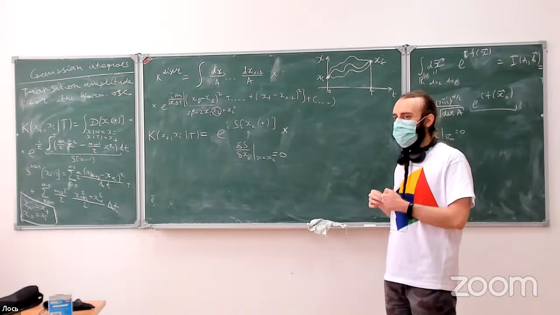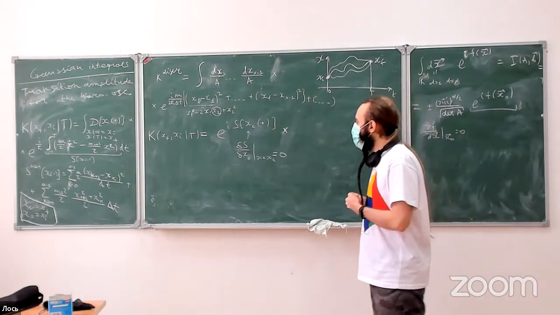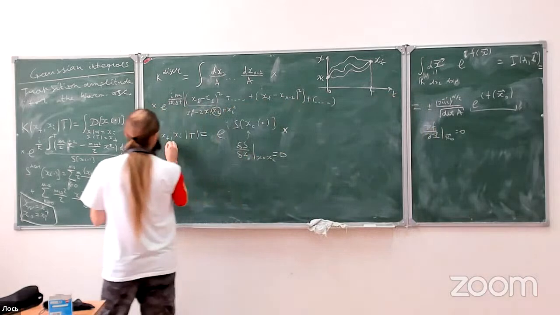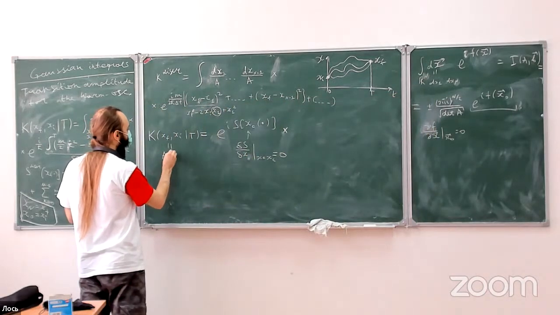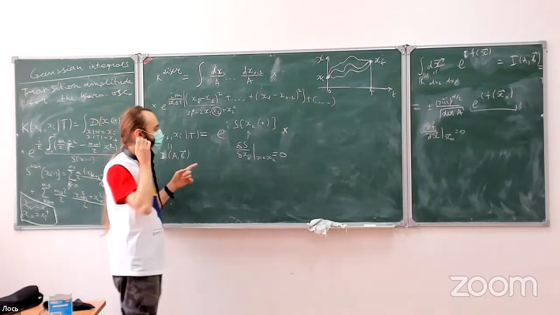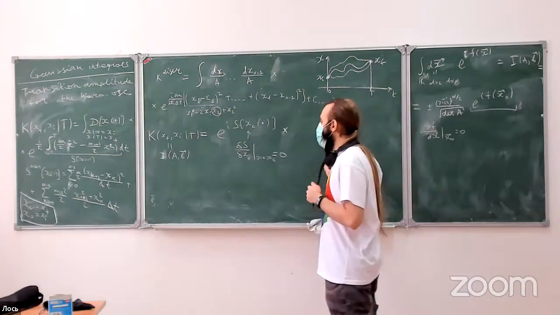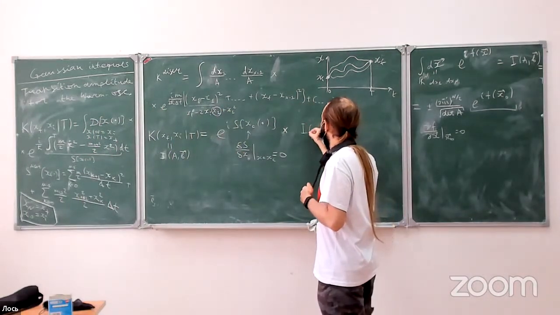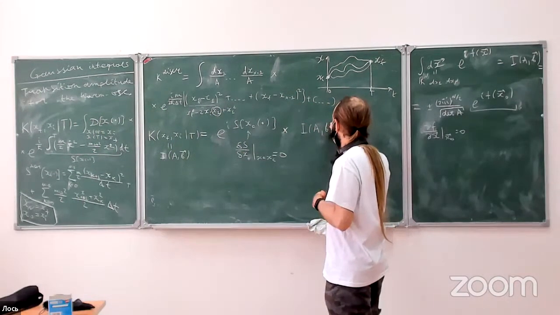But so you know, let us say that this is I of a and b, some a and some b. Yes, of course.